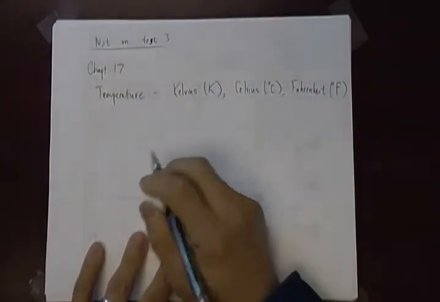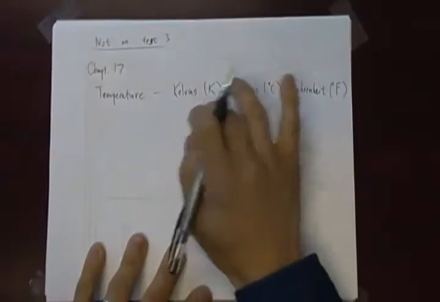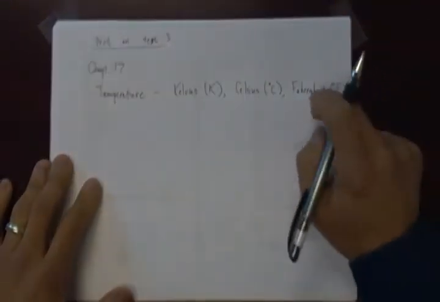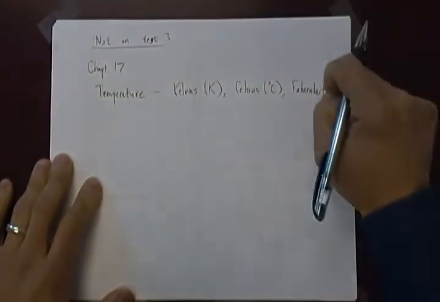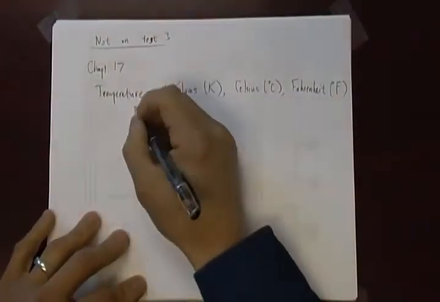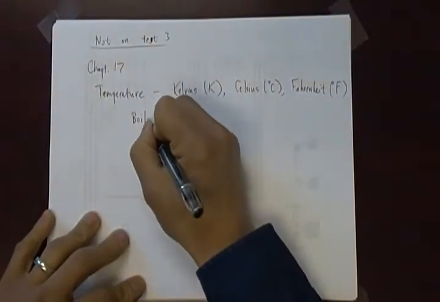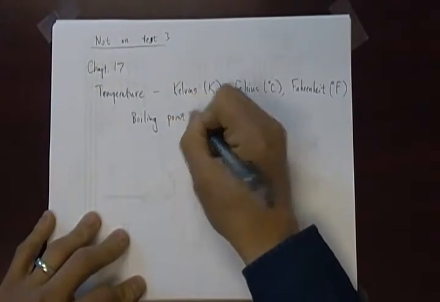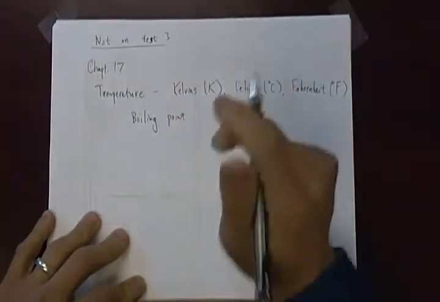Now, we will be using mostly Celsius and Kelvin in this course, but it's important to know how to convert to Fahrenheit and from Fahrenheit to the others. And I'll tell you how that goes. Now, the boiling point of water is used to define Celsius.